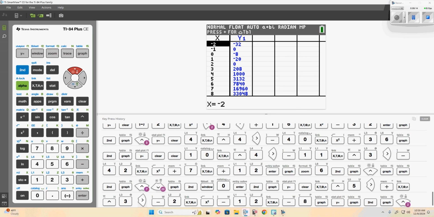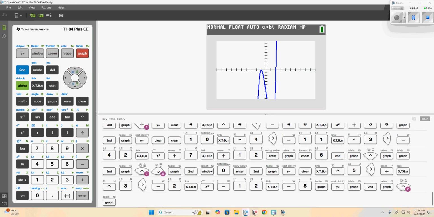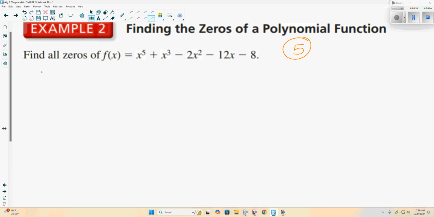Part of the reason I always go to the graph first is to get an idea of where it's going to cross. Because -10 to 10 gives me an idea of what values to look for. Here, we know one's negative, one's positive. So -1 and 2.